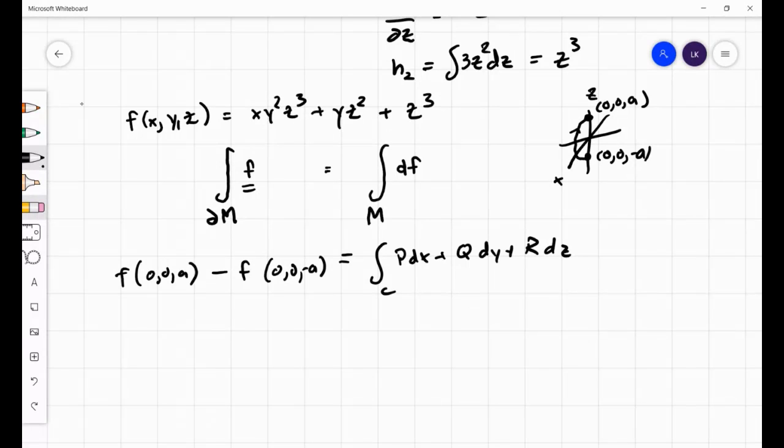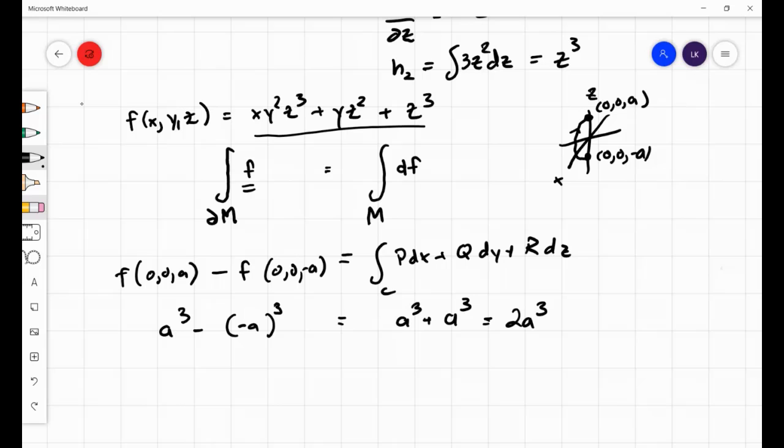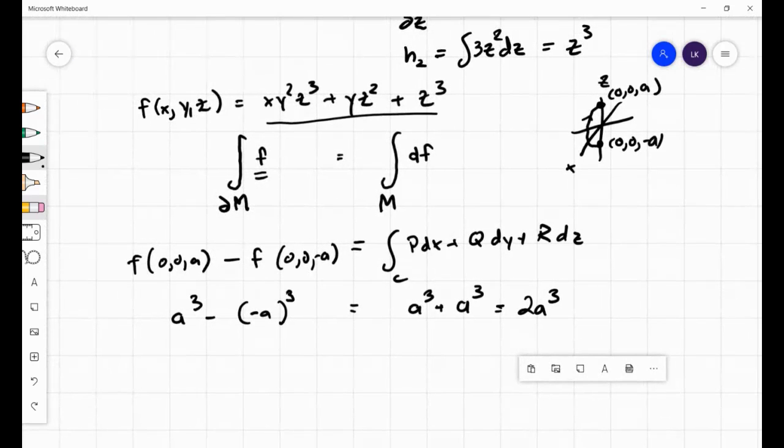So that just turns out to be z cubed, so at the terminal point, our function evaluates to a cubed minus the value at the starting point. Okay, so that's the fundamental theorem of calculus for line integrals.